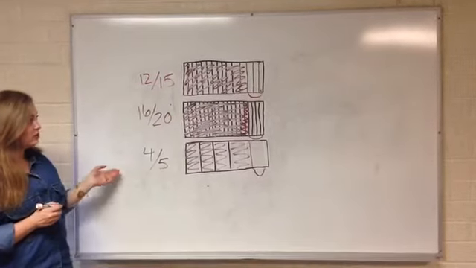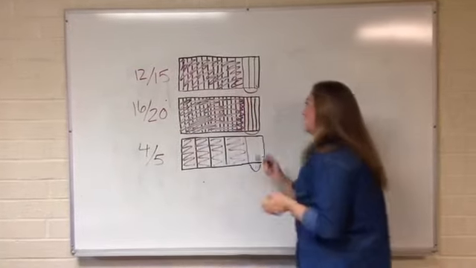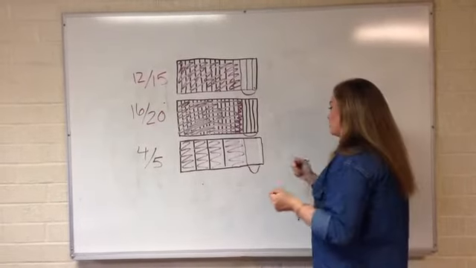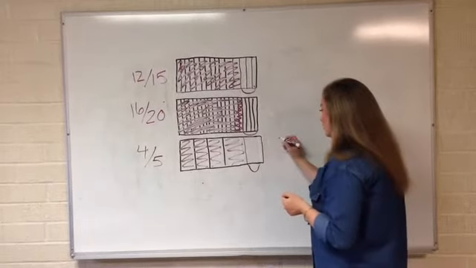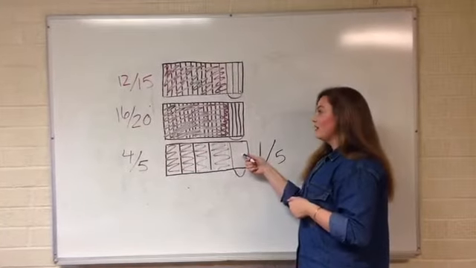And if you want to double check your work, you can do so by adding the remaining amount left to show that they're all the same. So here you have 1 out of the 5 squares left, so you have 1/5 remaining.